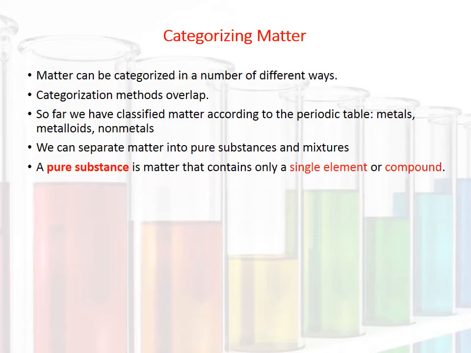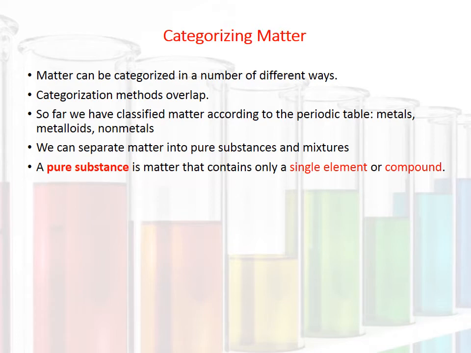A pure substance is matter that contains only one type of atom or element, or is a compound which is made up of more than one type of atom, but the atoms are always in the same proportions.